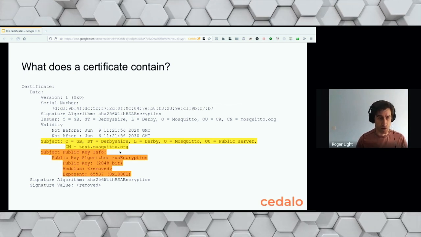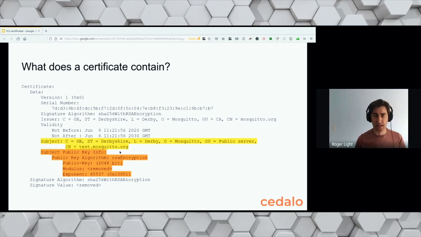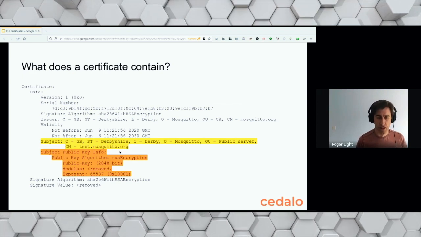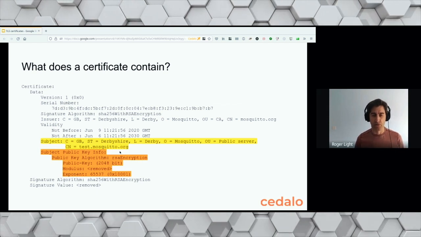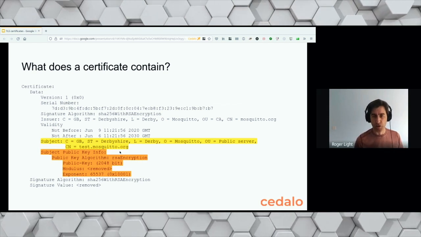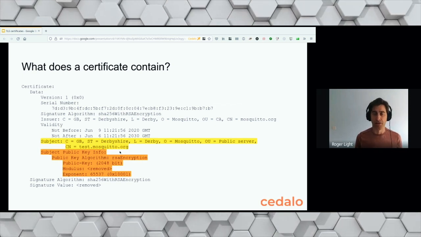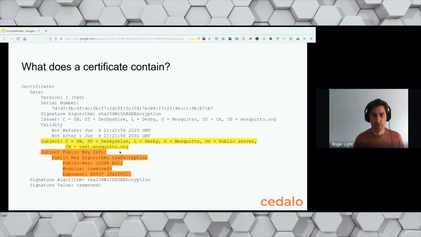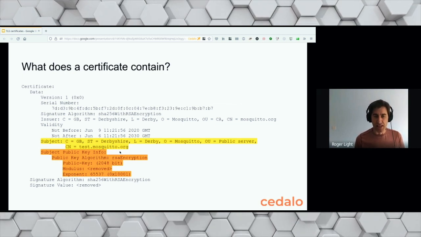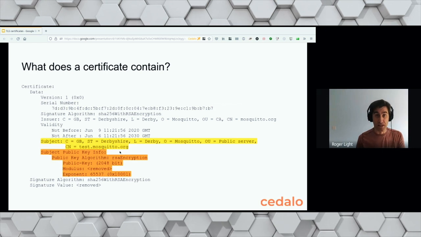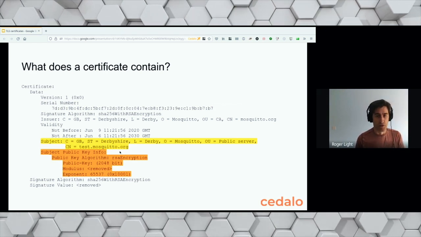In this case, we've got a bit of geographic information there, so country, state, locality, and then the O there stands for organisation, Mosquitto, an organisational unit, public server. But none of those are particularly required, and I don't believe there are any particular checks done on any of those in any server implementations, although you could do, of course.